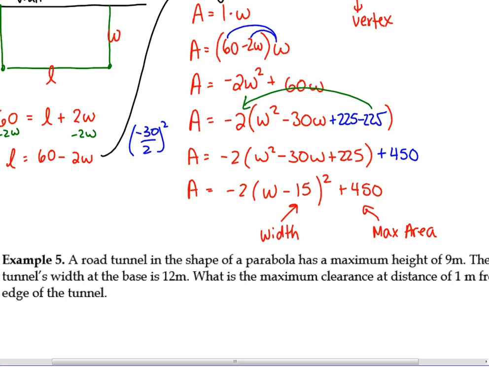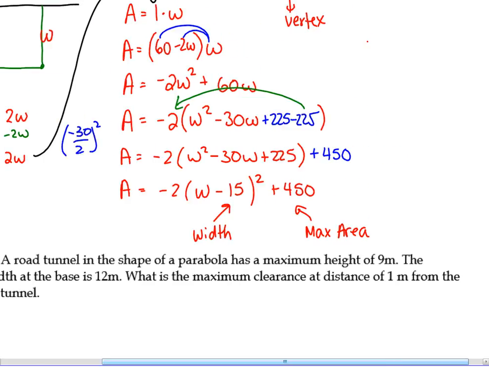So once we're done that, we need to figure out, okay, what were they actually asking us to find? Largest possible playground. So what is that? Dimensions. So if the width is 15, how do I get the length? Not 15 minus 60. No. We had a formula for length.